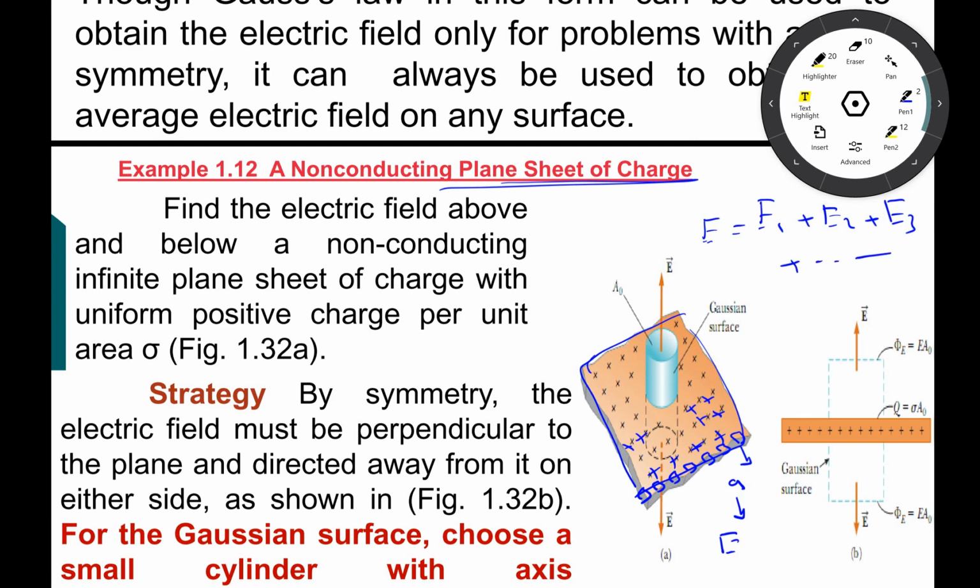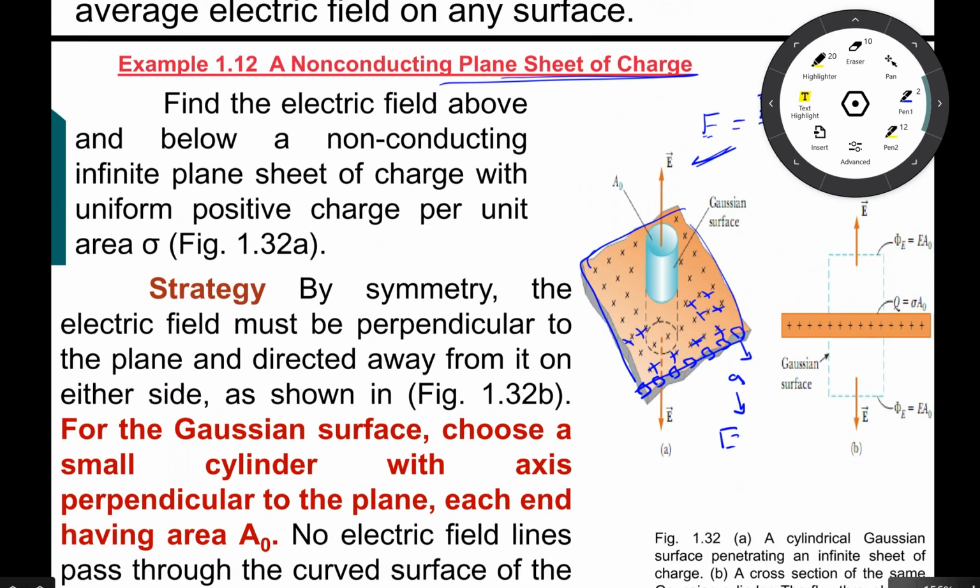But this scenario is complicated, so the easiest way is just to use Gauss's law. Gauss's law says the number of the field lines equals the electric field multiplied by the area of the imaginary surface, which equals the charge over the permittivity.